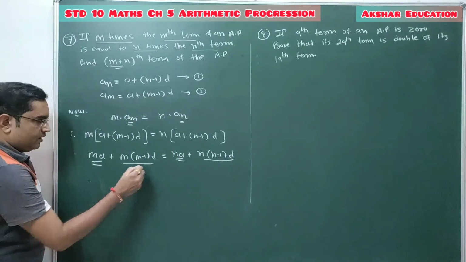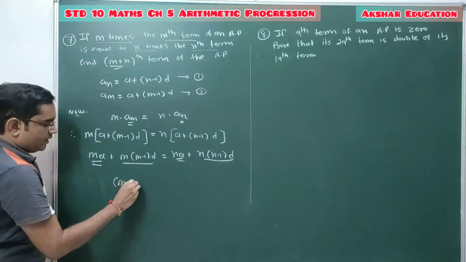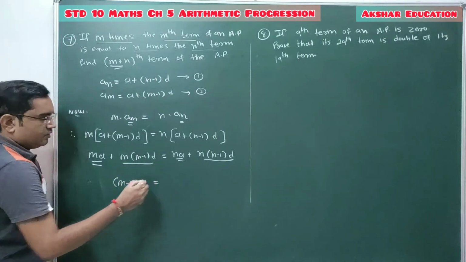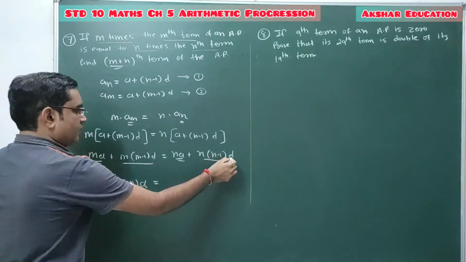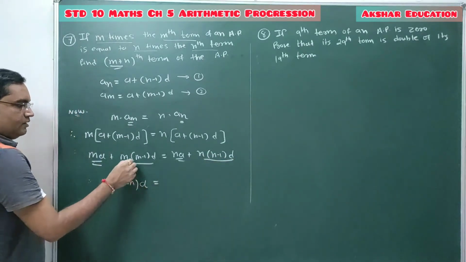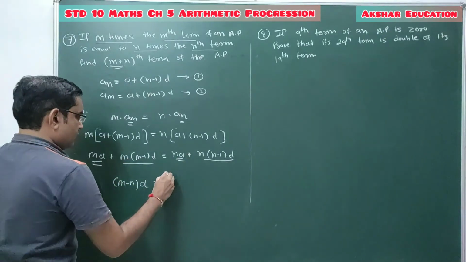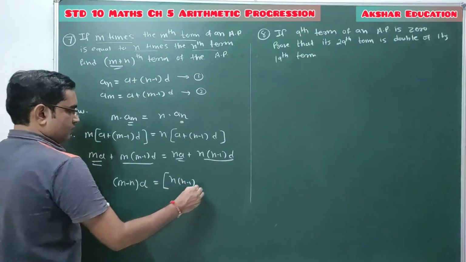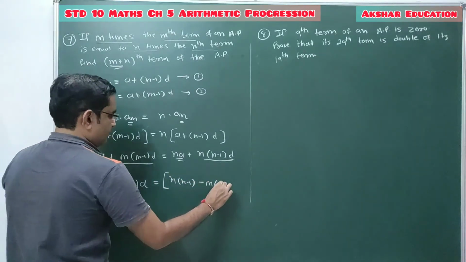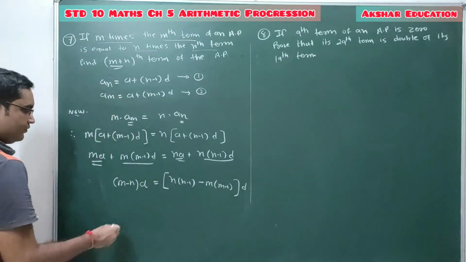We can take a as common, so it is m minus n into a, equal to, now this will be n into n minus 1 into d minus m into m minus 1 into d. So again we can take d as common. So the remaining terms are n minus 1 minus m minus 1, multiplied by d.